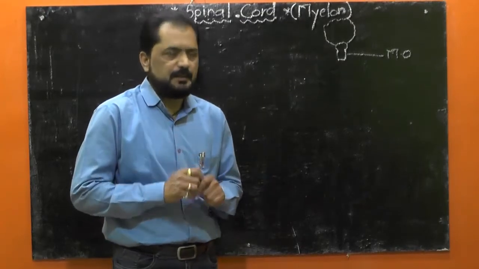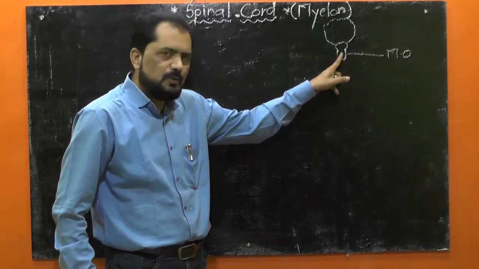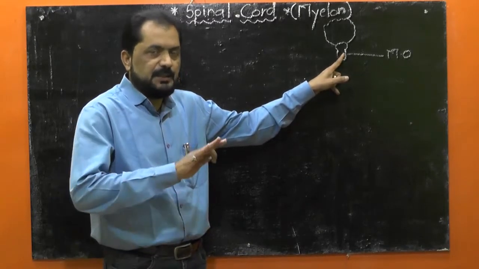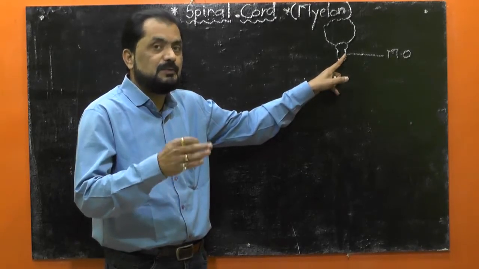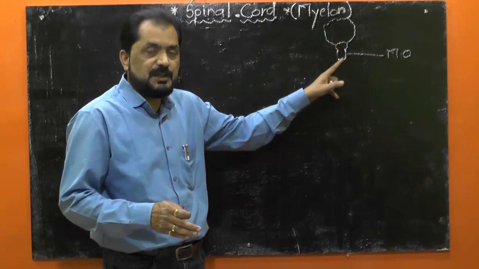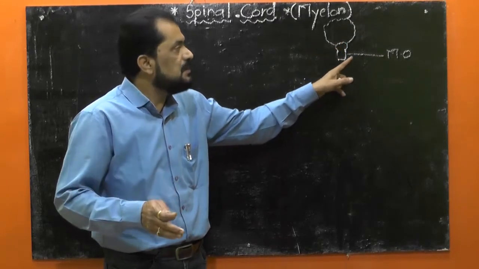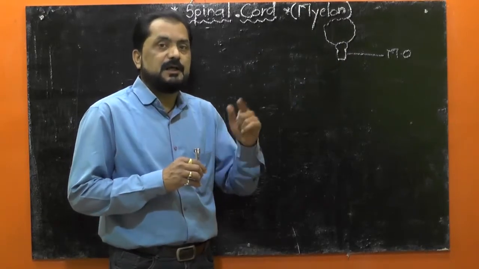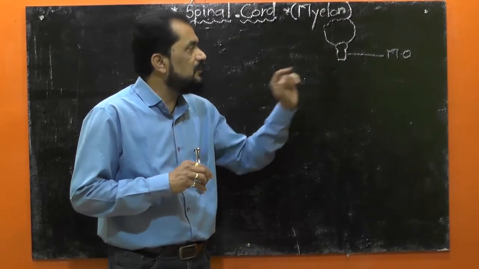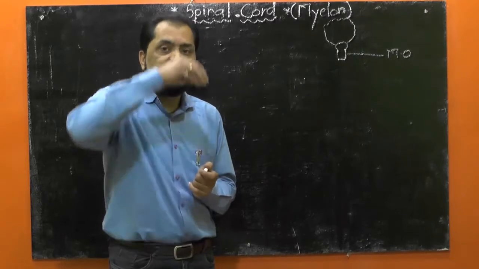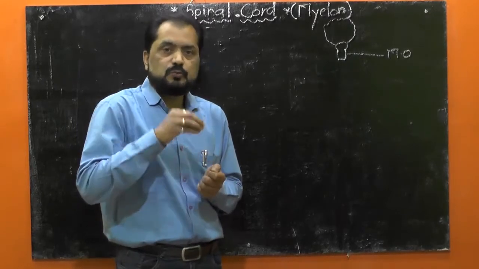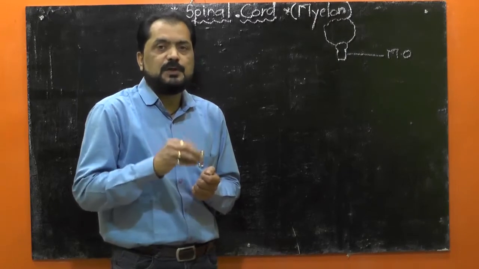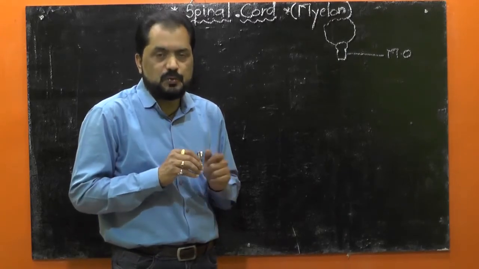Let me show in the diagram. Here I have shown the medulla oblongata, isn't it? It is the posterior most part of the brain. The lowest and last part of the brain is the medulla oblongata, and the spinal cord arises from the base of medulla oblongata and runs downward through the cavity of the vertebral column, that is neural canal.